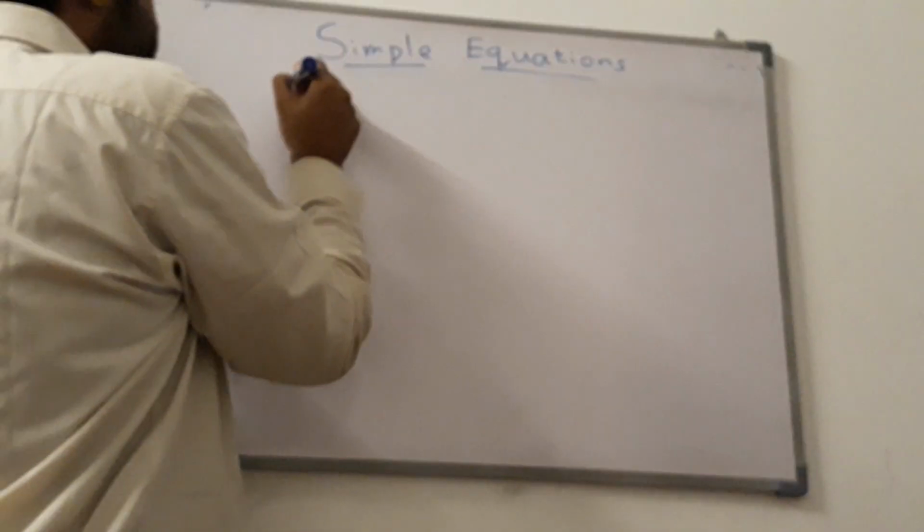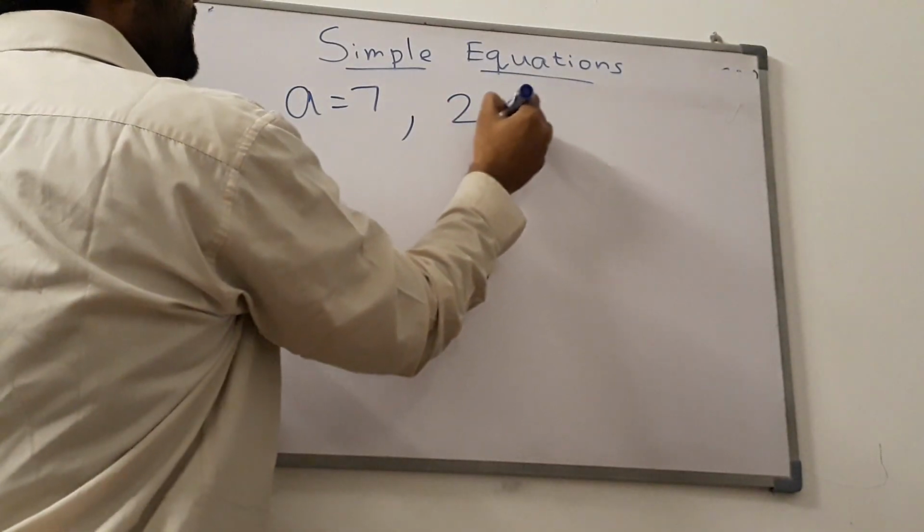Okay, so suppose there's a value given. For an example, if a equals 7 and you are to find 2a.